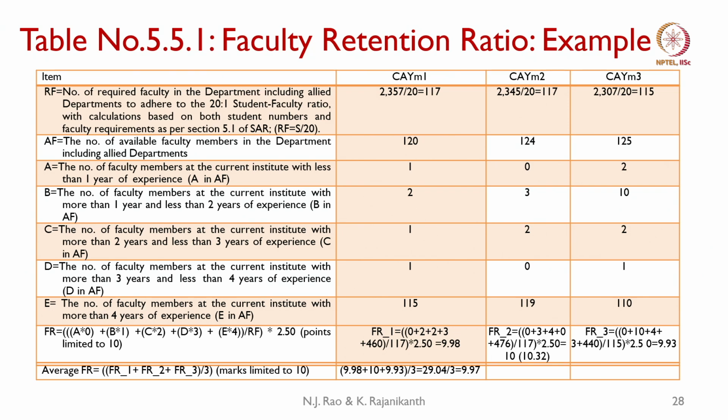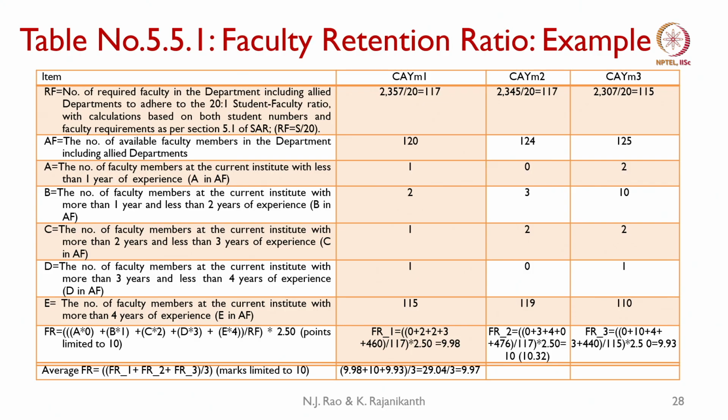Okay. So the ratio can become 10.32. However, it is restricted to 10. This is the second case I mentioned, where the available faculty is more than the required faculty. And CAY M3, the example shows a value which comes to 9.93. So we take the average of these three, and that becomes the faculty retention ratio.